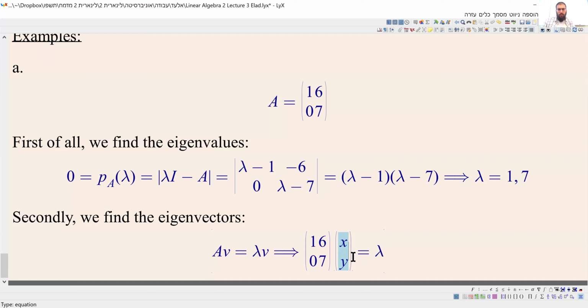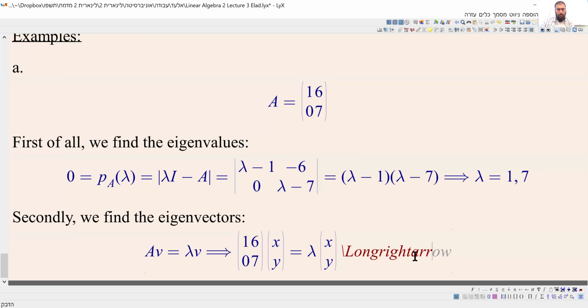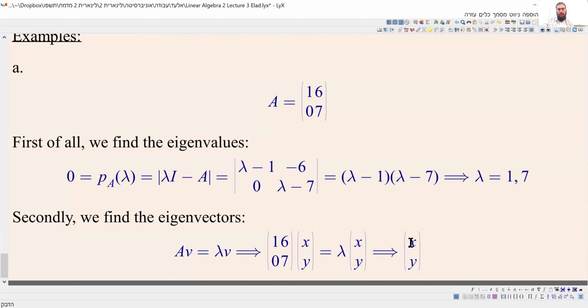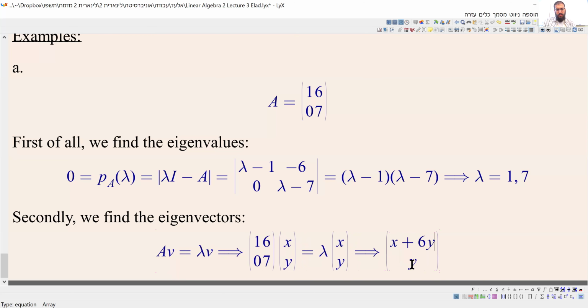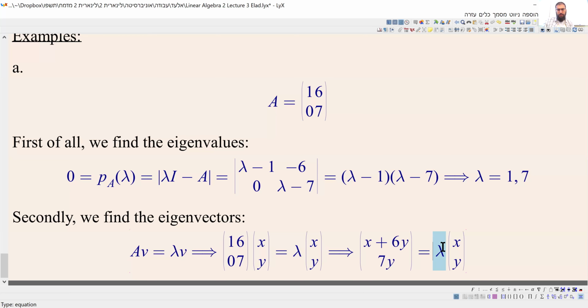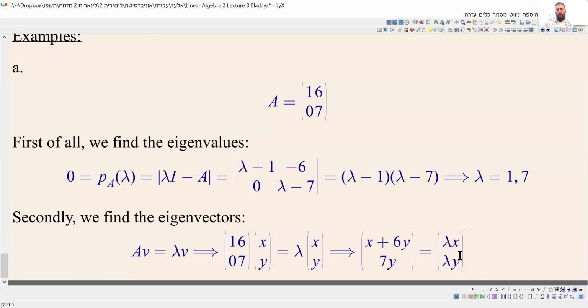Lambda times X, Y. And we know how to multiply matrices with vectors. It's X plus 6Y, and this is just 7Y. This one here is lambda X, lambda Y. One can write it down explicitly as a system of equations.